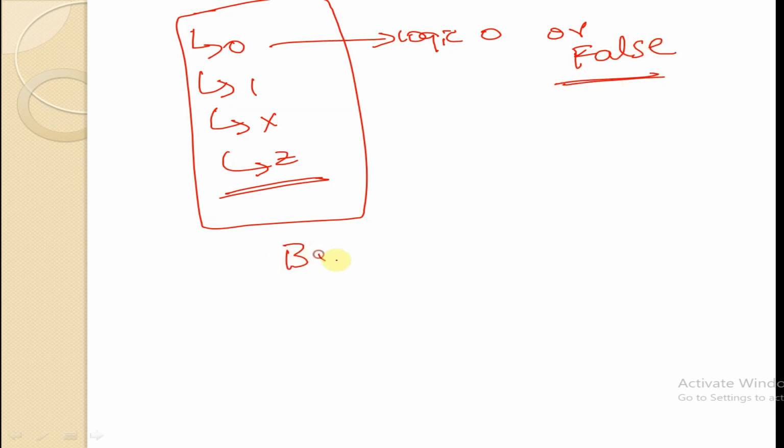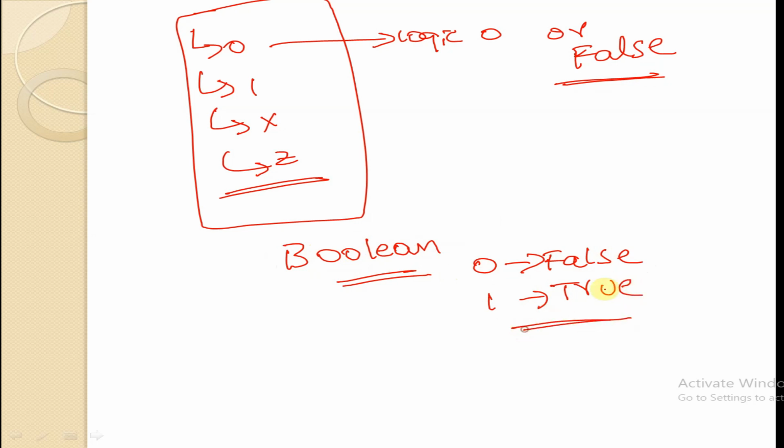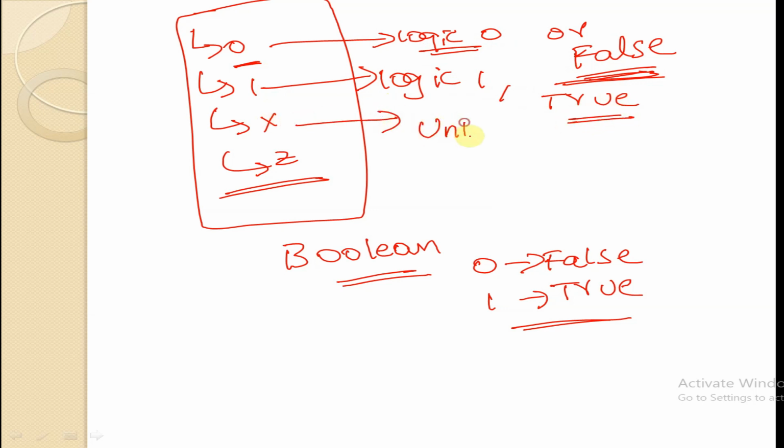We will see in upcoming lectures that with boolean we use 0 for false and 1 for true. 1 is used for logic 1, or to represent the true state. And X, as we already know, is unknown, and Z is for high impedance.